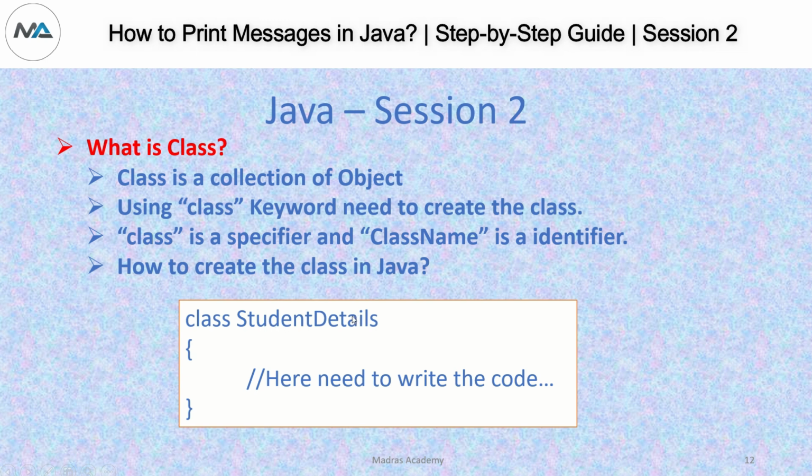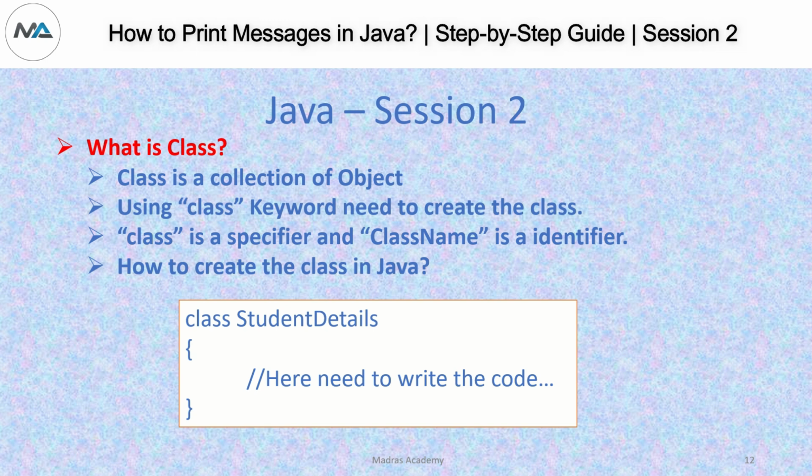Using this class name we can identify for what purpose we created this class. This is for student detail, or if I give employee detail, okay, in this class we write the employee details, product details, like that we are able to identify. And don't give names such as ABC, XYZ.